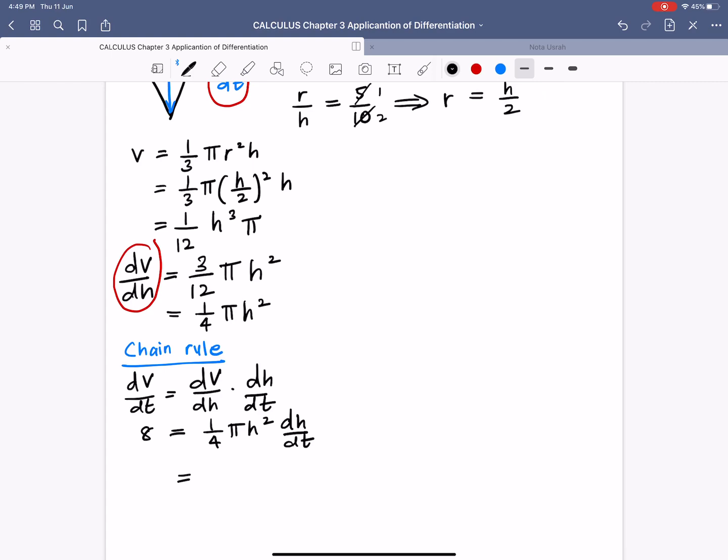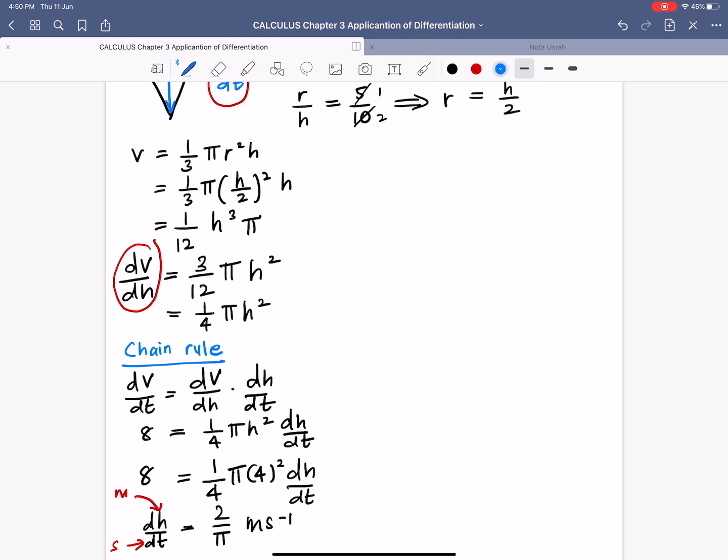So we substitute h equals 4: 8 equals 1 over 4 pi 4 square dh/dt. Therefore, dh/dt equals 2 over pi meter per second. How do I know that the unit is meter per second? Because h is measured in meter, and time is measured per second.